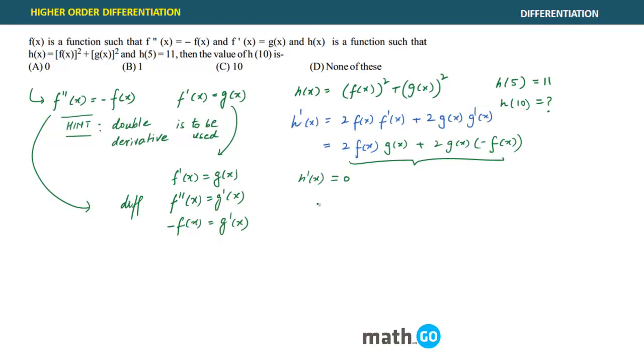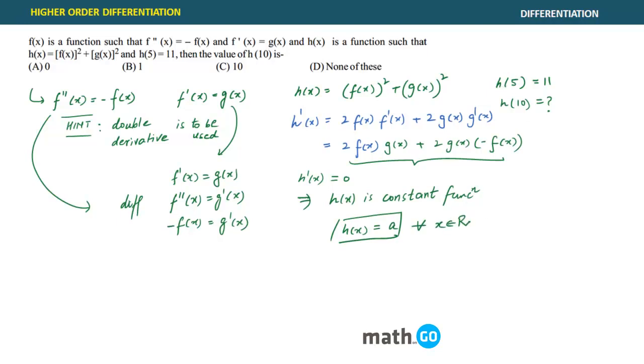So when do you get a derivative of a function as 0? So this implies that h(x) is a constant function. Then only you can get its derivative 0, right? It's a constant function. So that means h(x) will be some particular value a for all x belonging to R, right? Irrespective of the value of x.